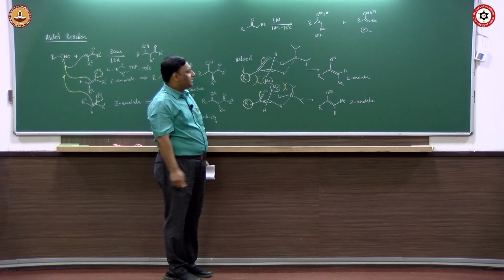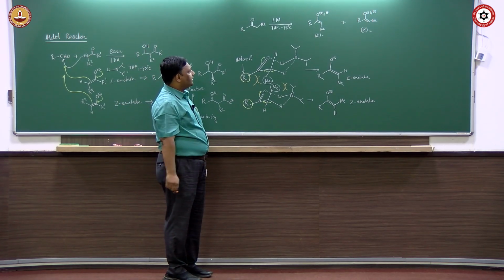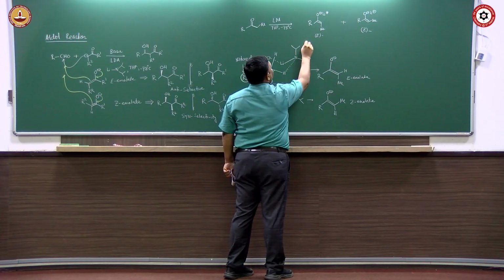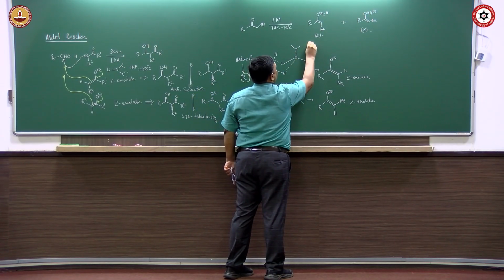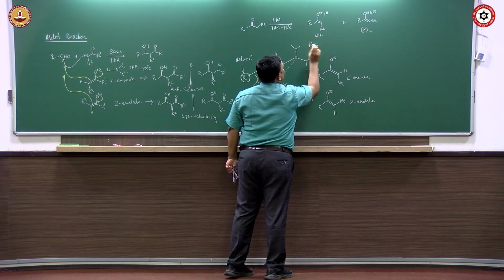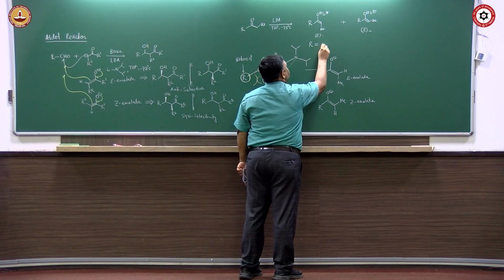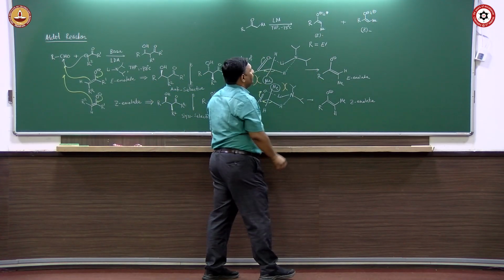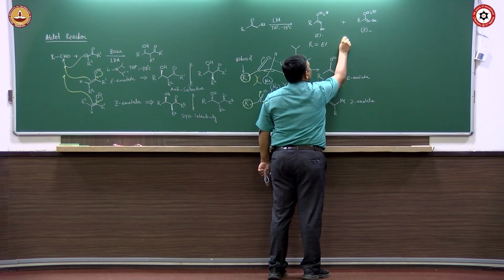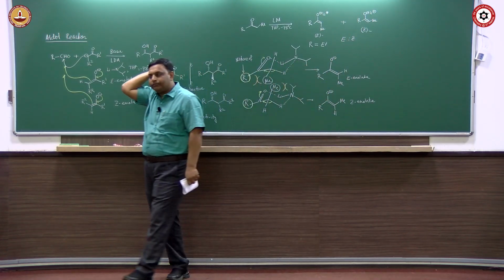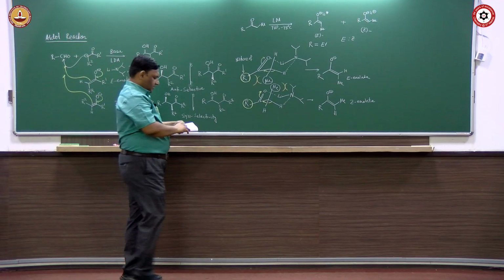Let us take a couple of examples and see how it is going to be affected. For example, if I take R is equal to ethyl, and I am looking for the E to Z ratio, I have the data.